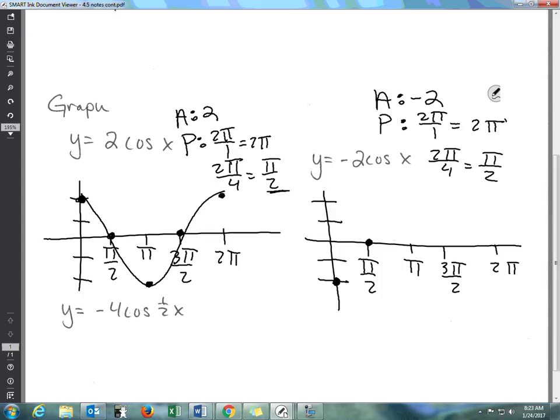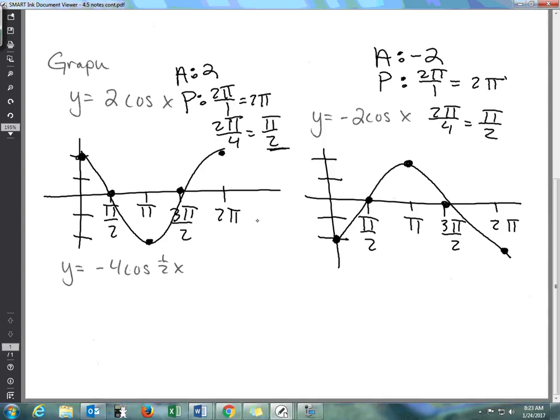At pi, I'm at the maximum, so it's at y equals 2. Okay, 3 pi over 2, I'm at 0. And then at 2 pi, I'm back at y equals negative 2. So my graph looks something like that. Okay, so basically the graph just flips, just like y equals sine of x.